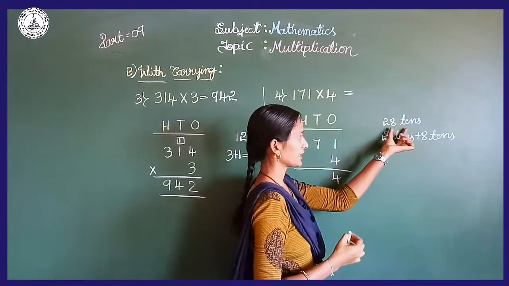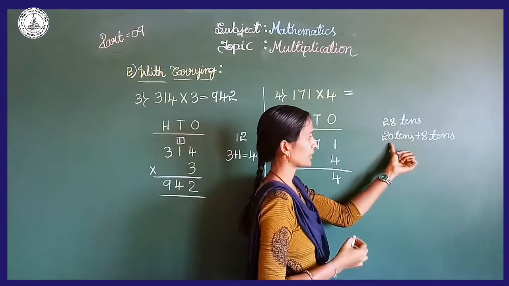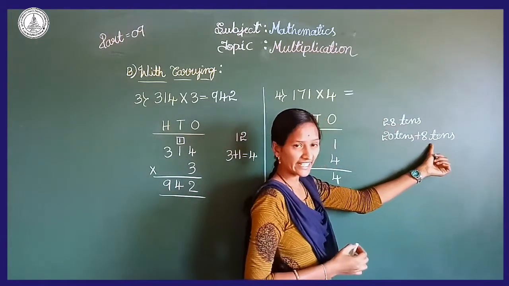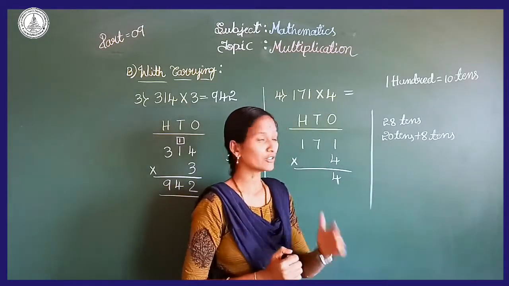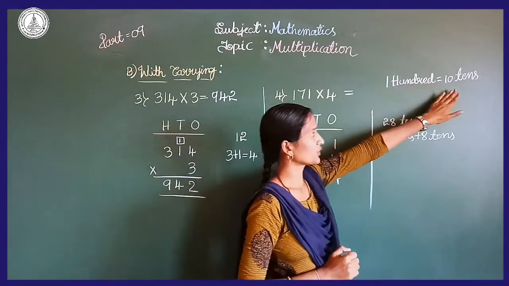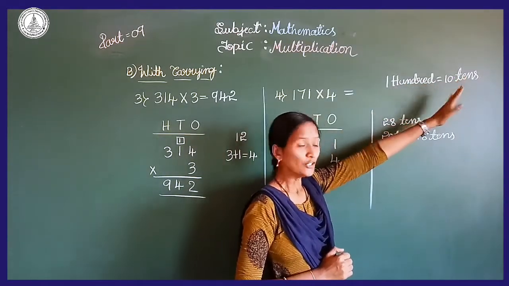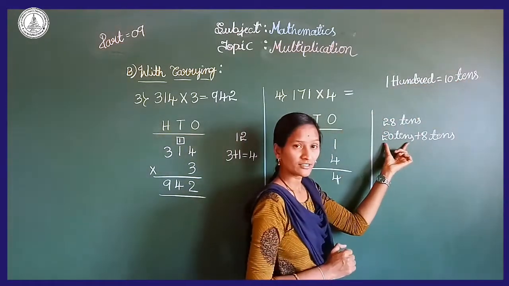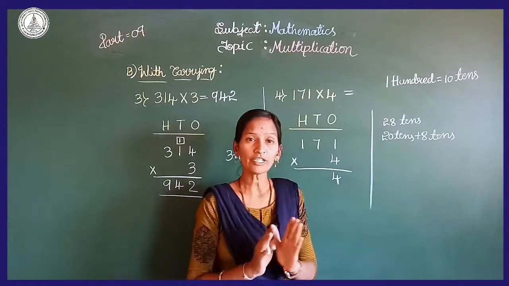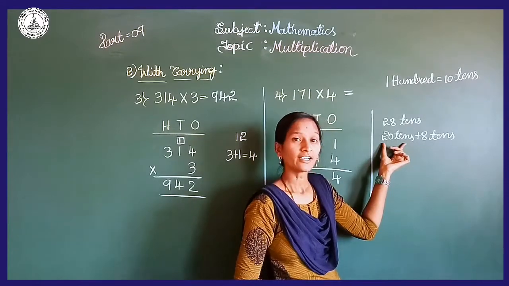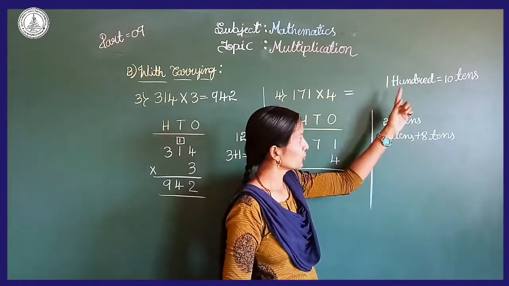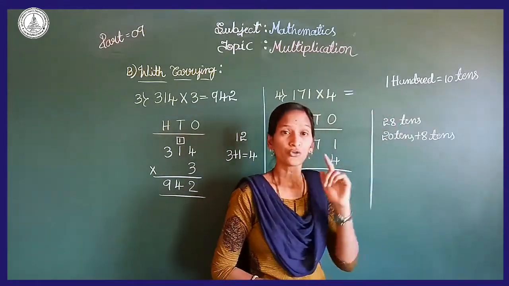Right? Students, already you know, in the first semester you learned 100 is equal to 10 tens. So here is 20 tens. Now you tell me how many hundreds are equal to 20 tens? Yes. 2 hundreds is equal to 20 tens.